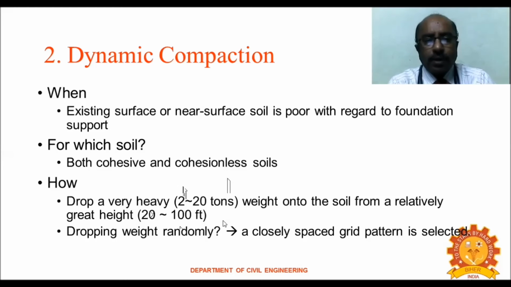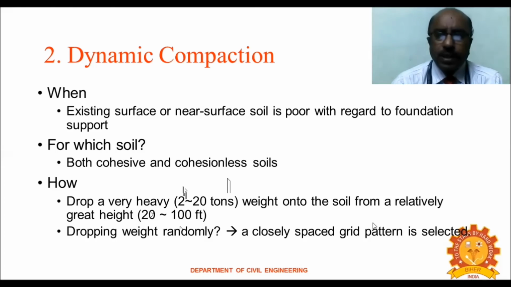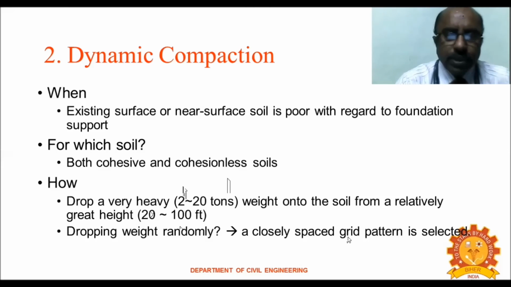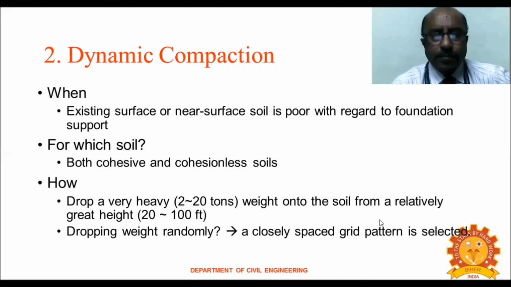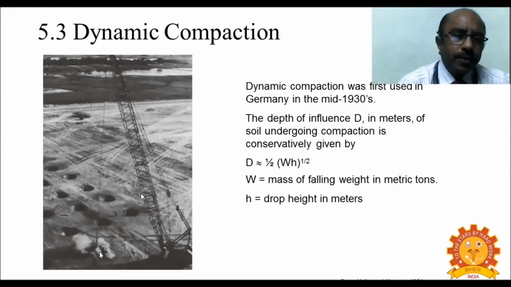And how are we going to do it? Dropping randomly, or we can follow a grid pattern, and using that grid pattern we can easily achieve the required compaction. So this is a photograph showing dynamic compaction, wherein we have a tower with the weight supported by a steel rope.